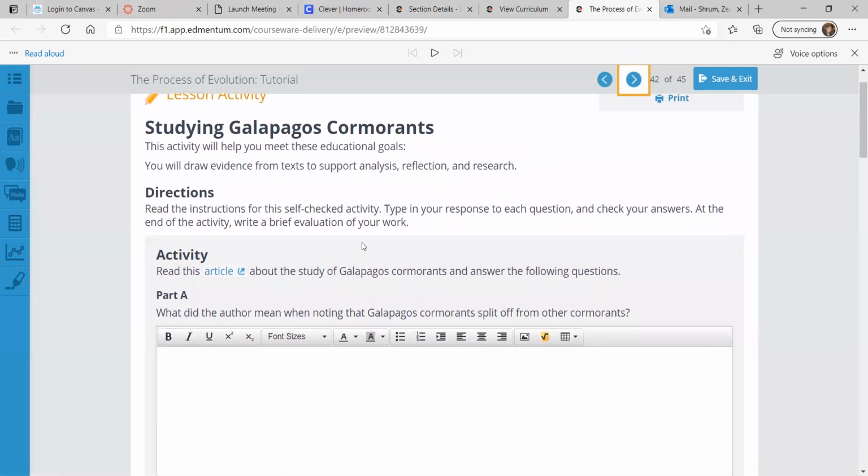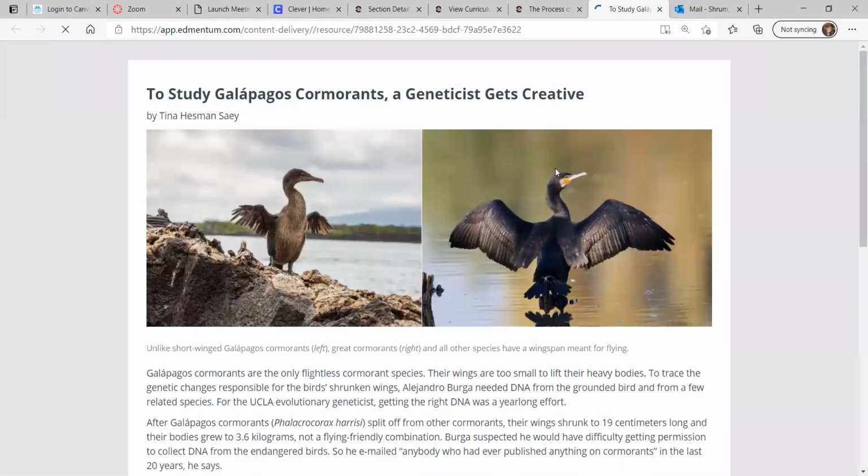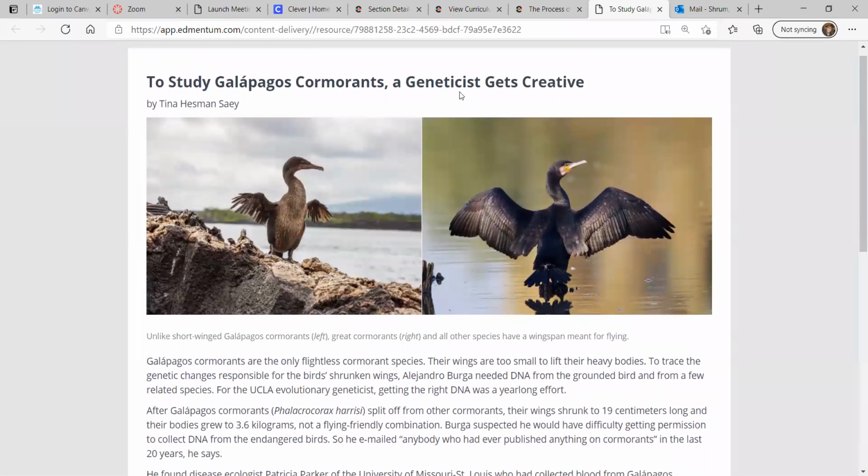So here we're given an article about the study of Galapagos cormorants, and let's check that out. So this is a short-winged Galapagos cormorant and great cormorants on the right, which have larger wings.